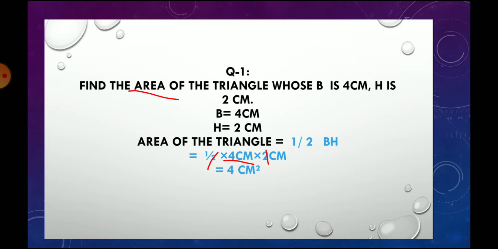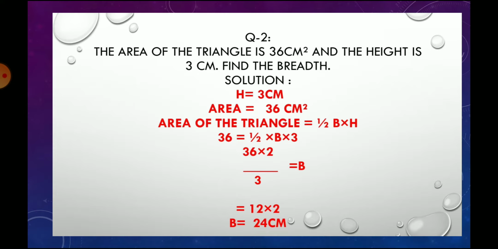So next one, the question is 2. The area of the triangle is 36 centimeter square and the height is 3 centimeter. So find the breadth. Here they gave the value of area of the triangle, that is 36 centimeter square, and also the height, that is 3 centimeter. So now we are going to find out and calculate the value of breadth.